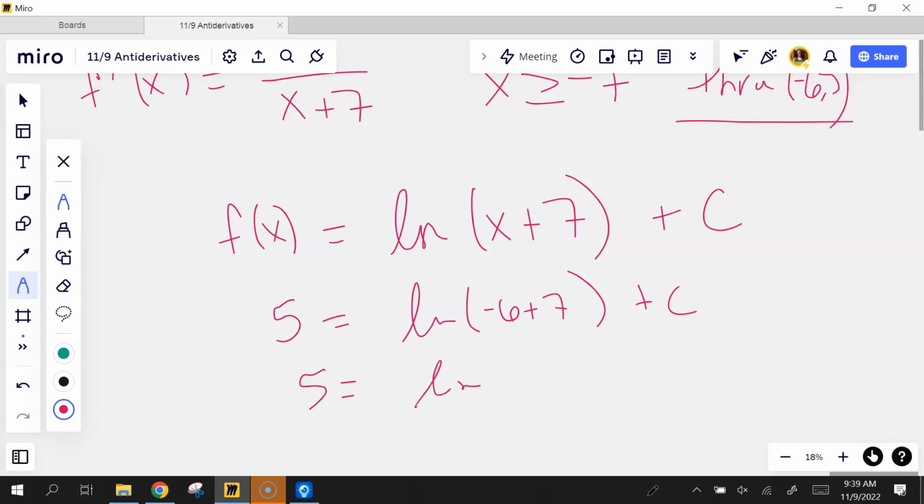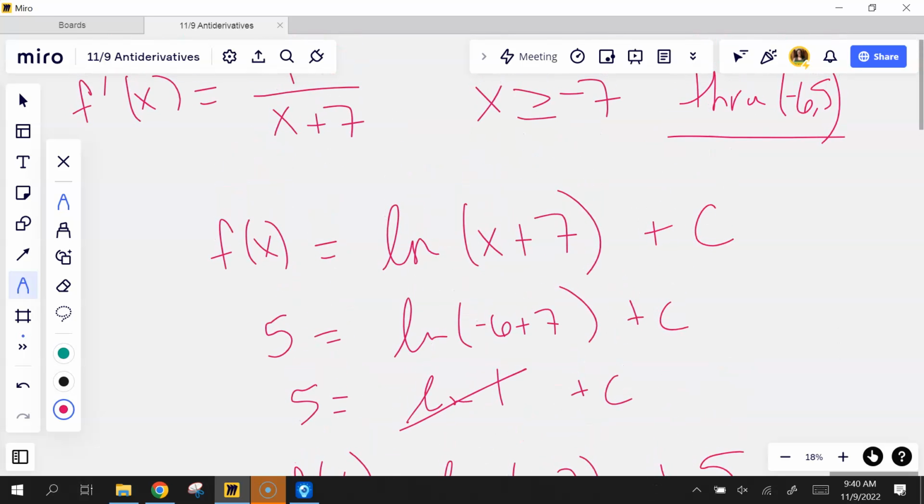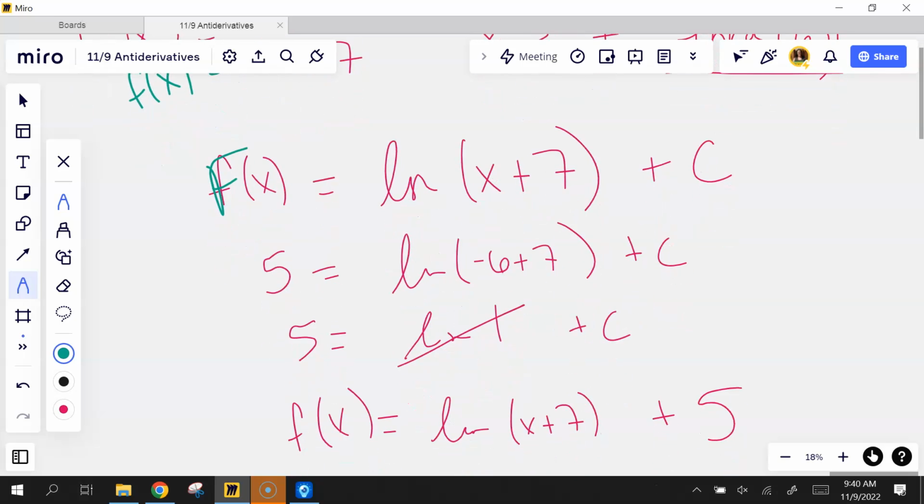This is the log of 1, which we know is 0. So my constant is 5. So f of x must be the natural log of x plus 7, plus 5. Now, if whenever I started, I had called this f of x equals, then this would be big F. So it just depends on what you start with.